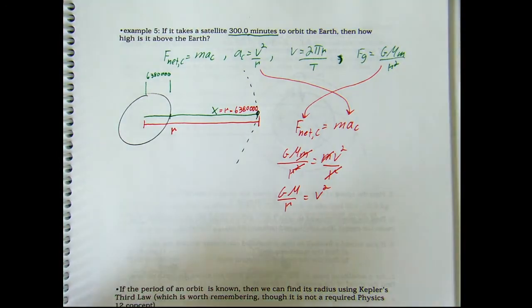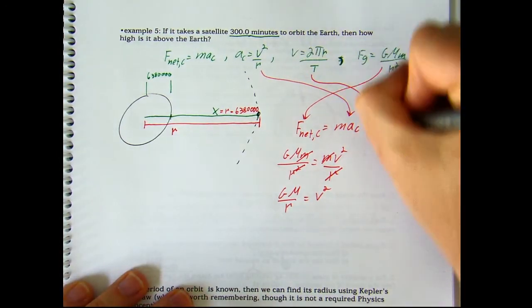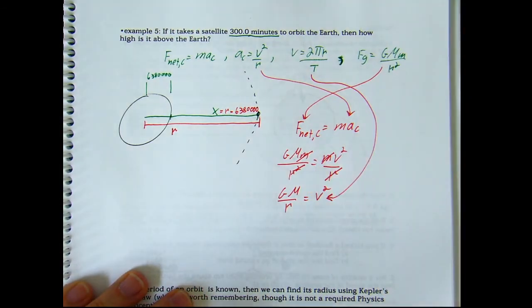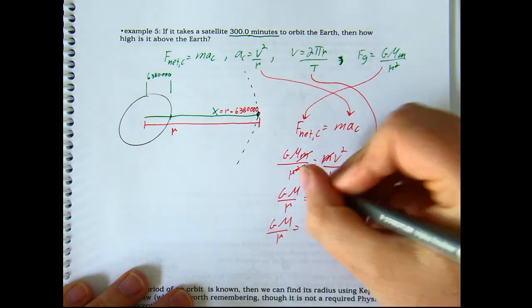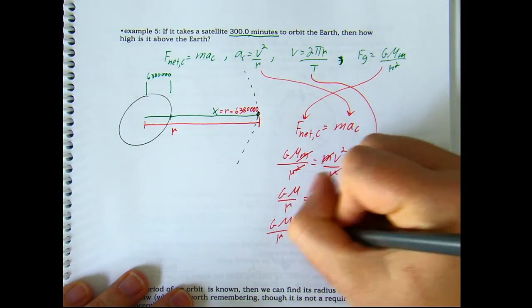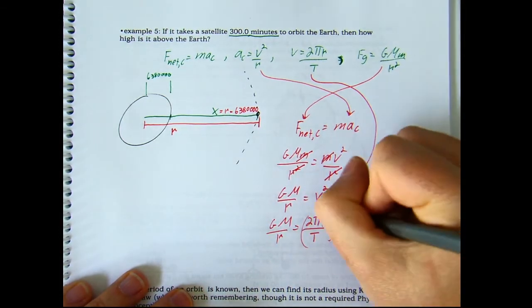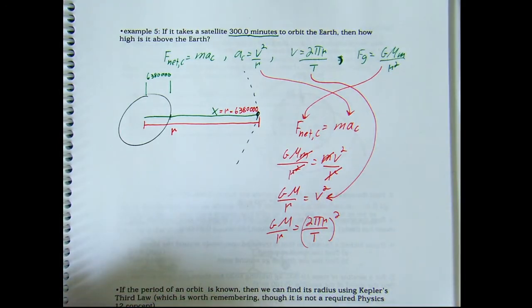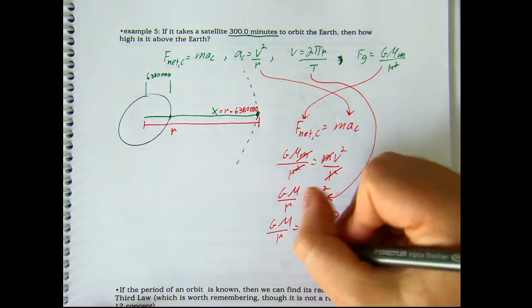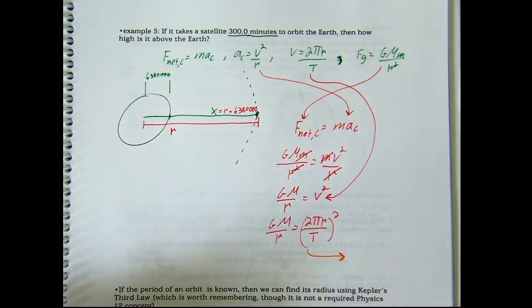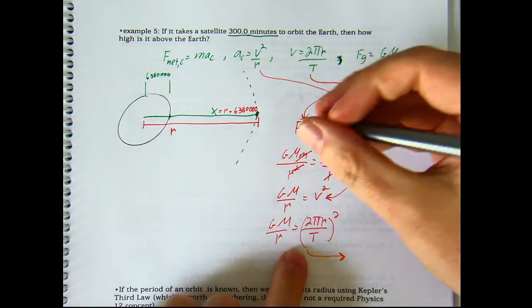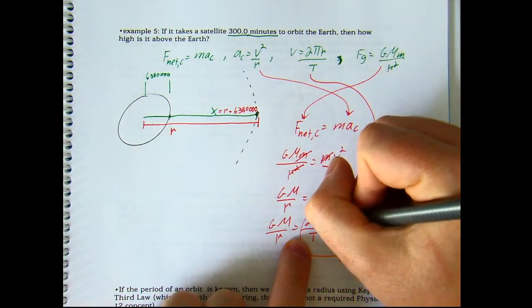What we actually want is T. And so what we're going to do is take this equation and plug it in for v. So we're going to get G M over R equals 2 pi R over T, all squared. There's two ways we can go here. I'm going to bring in this squared everywhere here.